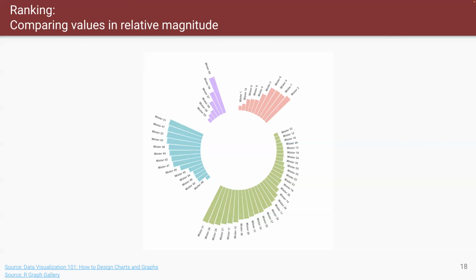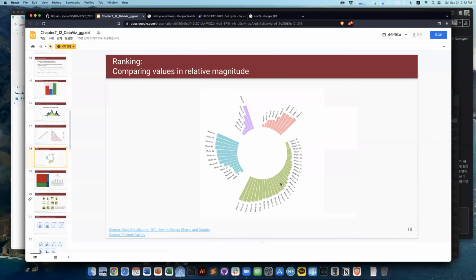So if you measure gene expression in your experiment and want to look at which genes are expressed higher in your samples, you can use the concept of ranking, right? Ranking is comparing values in relative magnitude. This is one example of how you represent ranking, but I don't really like the circular format for the ranking system. Basically, you can plot it in a bar plot rather than these flamboyant circular plots.